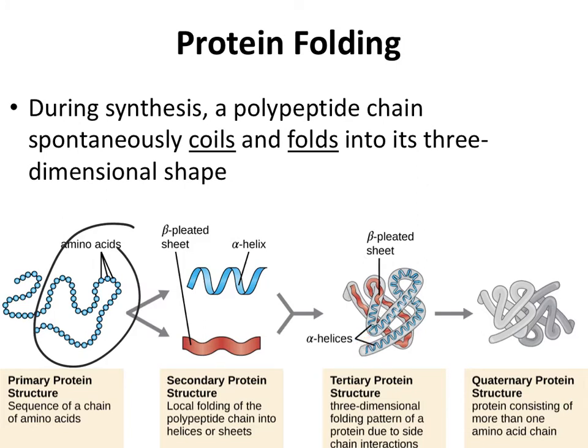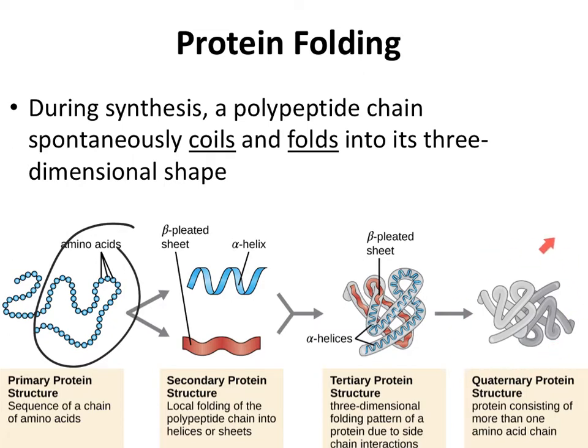Let's say this amino acid right here is hydrophobic. This amino acid here too is probably hydrophobic, and they're probably hiding there in the middle, kind of away from water. So whatever amino acid I've placed in that chain during the translation process is going to determine how this folding is happening. And again, it's spontaneous. Nothing is doing the folding for it. It happens all by itself as translation is occurring.